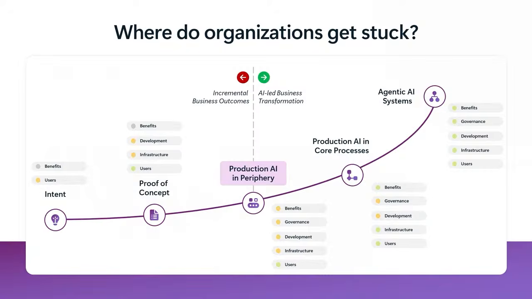But then as we go into production with that AI use case, that's where the blockers and the challenges start coming in. And that's what we're going to be addressing in today's webinar: helping you get beyond that point and helping you become one of those organizations which can get their AI use cases into production in 12 weeks rather than 12 months.